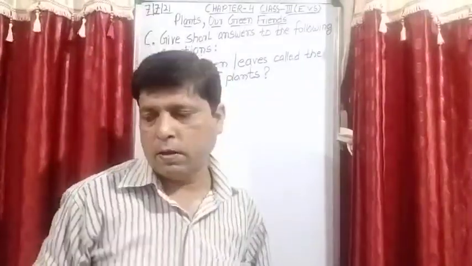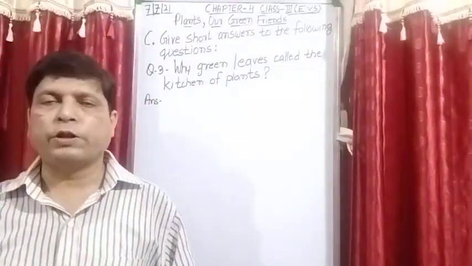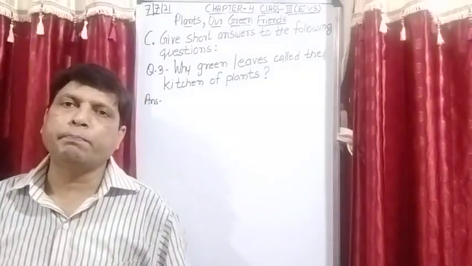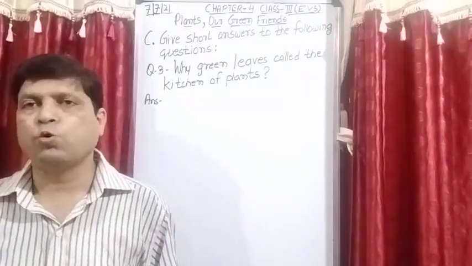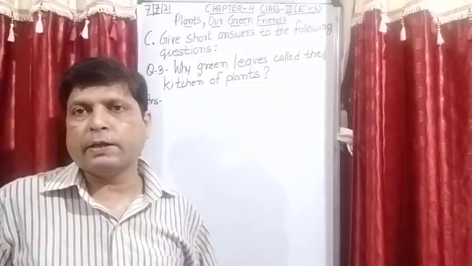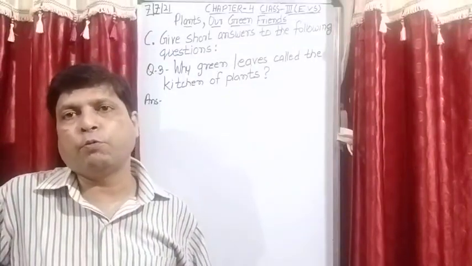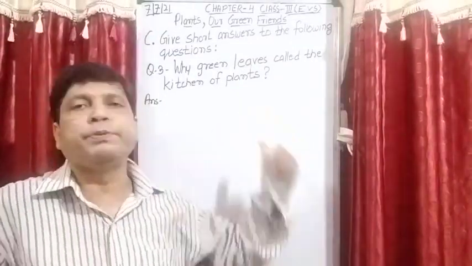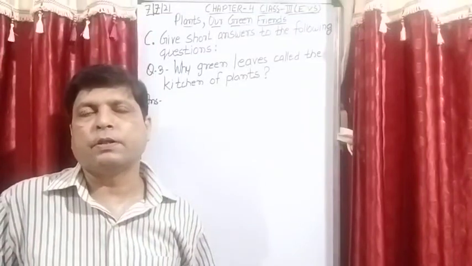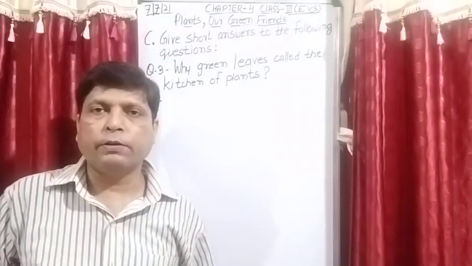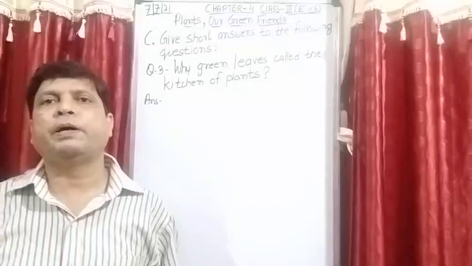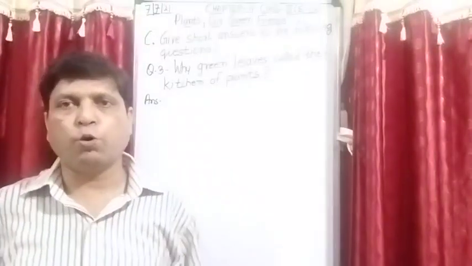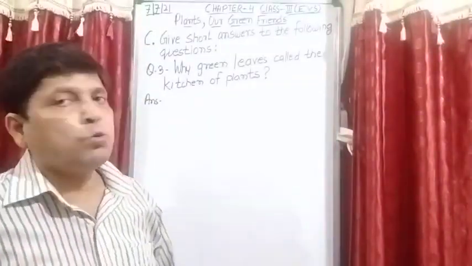So student, I gave you an explanation of all the different parts of the plant. Which part of the plant is responsible for preparing the food? That is the leaves. The process by which leaves prepare their food is known as photosynthesis.